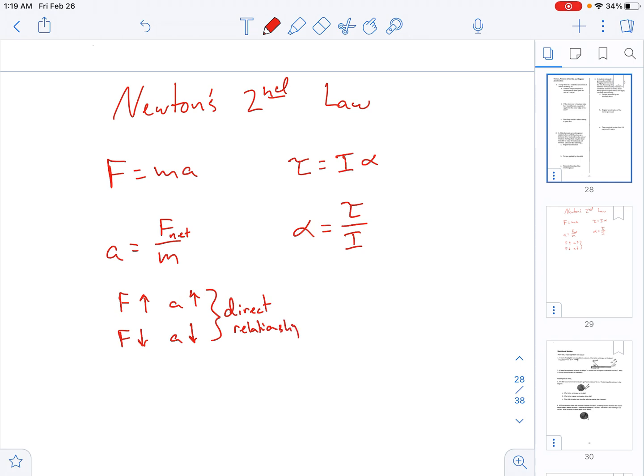Showing that force and acceleration had a direct relationship. Because mass is in the denominator of the equation, if mass were to go up, the amount of acceleration goes down. Again, the opposite is true. If mass were to go down, our acceleration would go up, showing that these two variables have an inverse relationship.